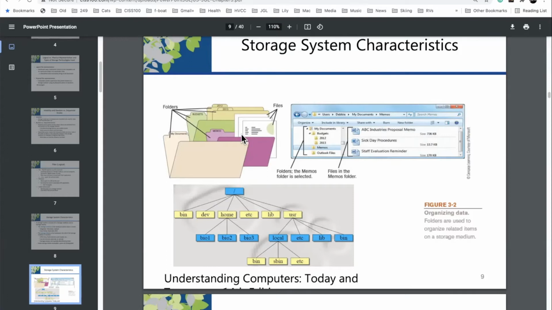So here we have the folder perspective of, say, Windows. Here would be the Windows Explorer perspective that allows us to navigate, find files, things of this nature. And then this you should recognize from the Linux labs. This is the Linux file system.